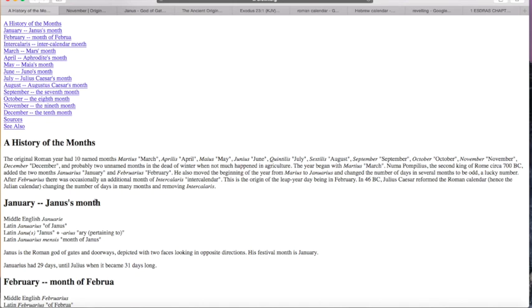After February, there was occasionally an additional month, intercalaris, intercalendar. This is the origin of the leap year day being in February. In 46 BC, Julius Caesar reformed the Roman calendar, hence the Julian calendar, changing the number of days in many months and removing intercalaris.